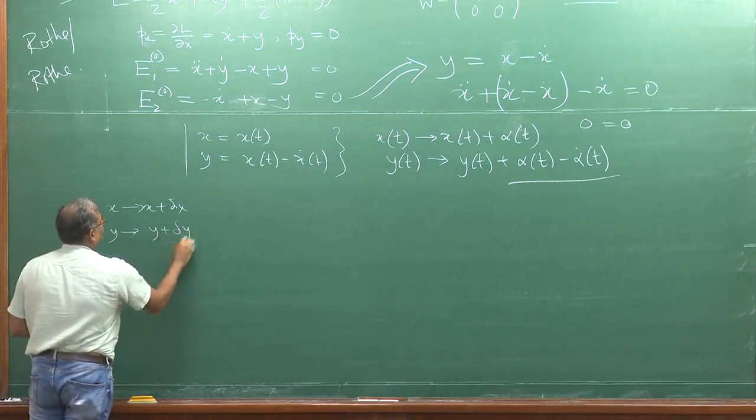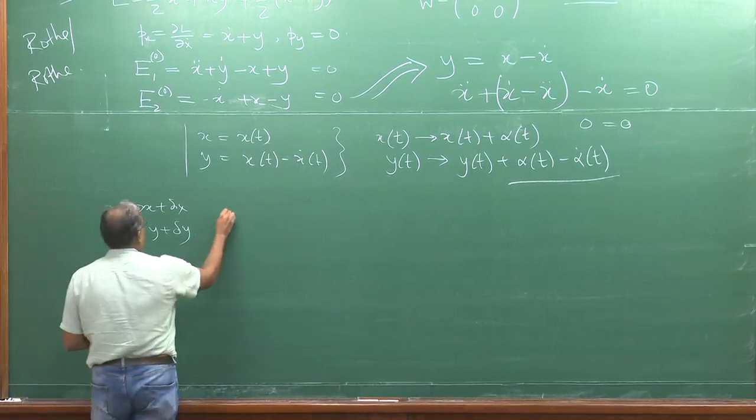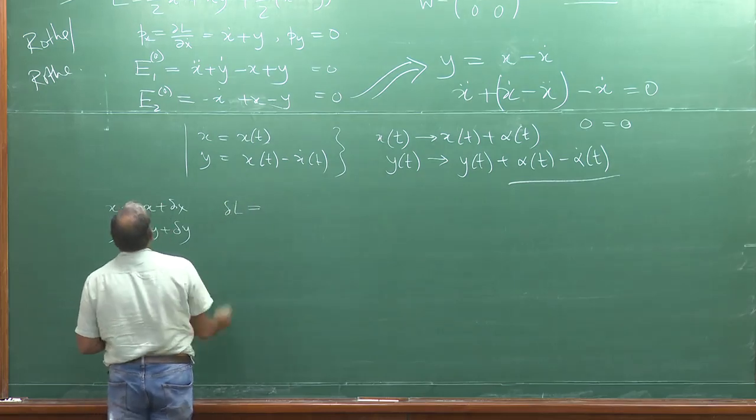Let's see how that works out. Suppose I had not done any of this. But I just put in an arbitrary delta x and arbitrary delta y and try to figure out how much the Lagrangian would change. That's easy enough. At least first order calculations are easy.